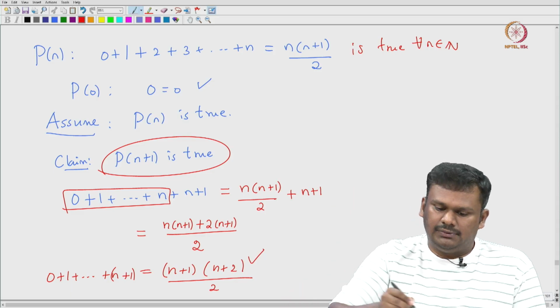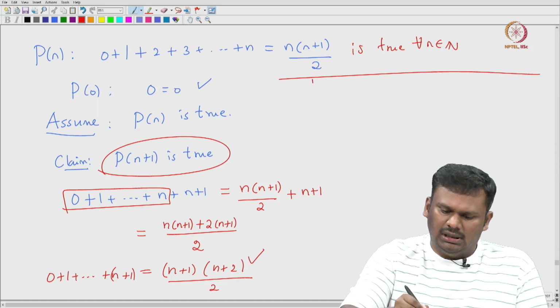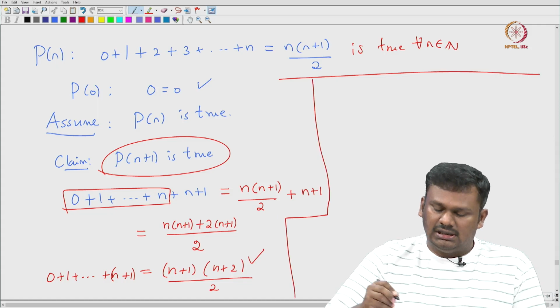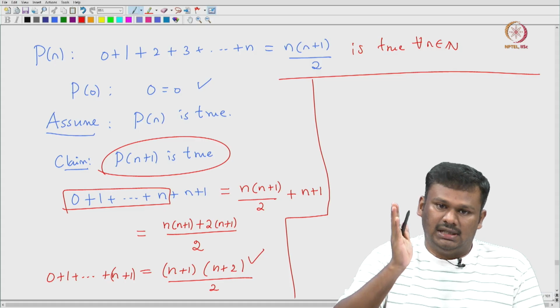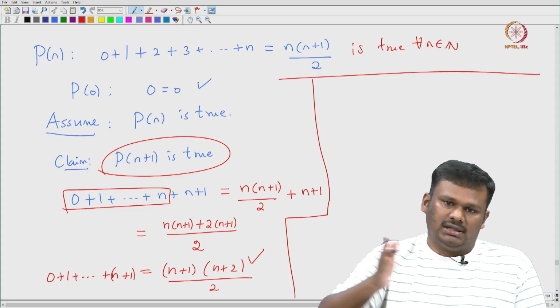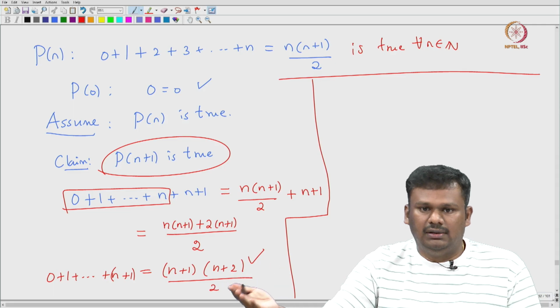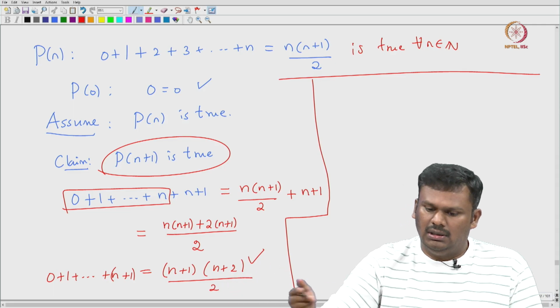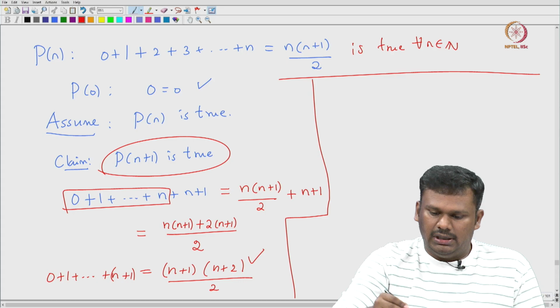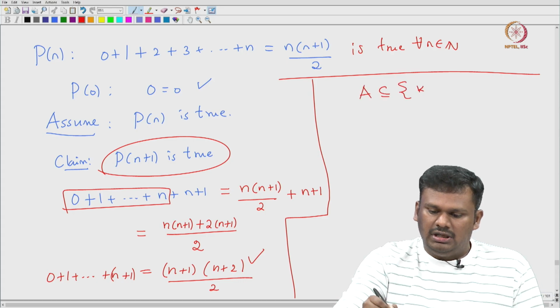Sometimes what happens, our mathematical induction might start with some k, and if it is happening consecutively from k onwards, then still we are okay with that. For example, what I am trying to say, you have a subset A of k, k plus 1, etcetera.